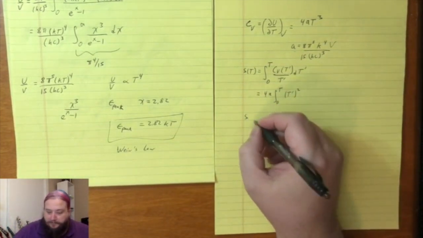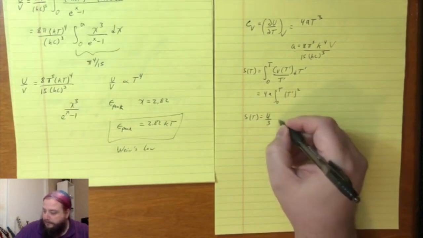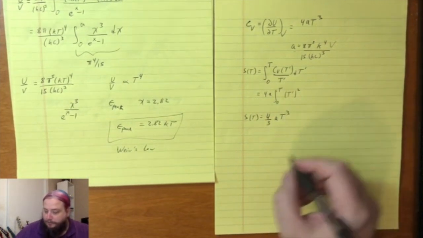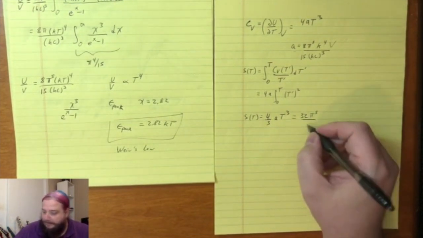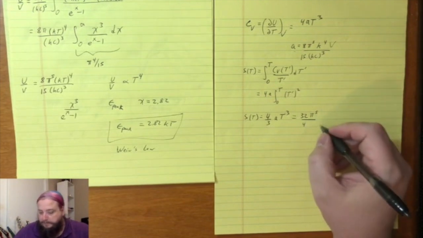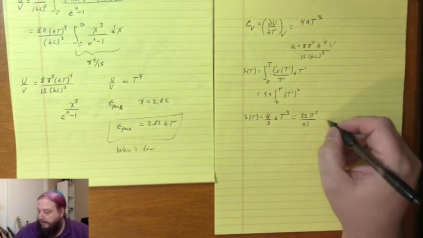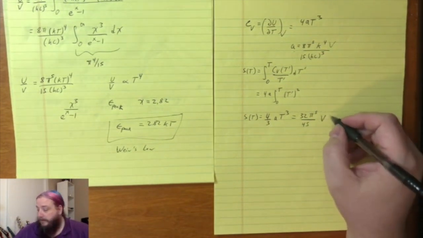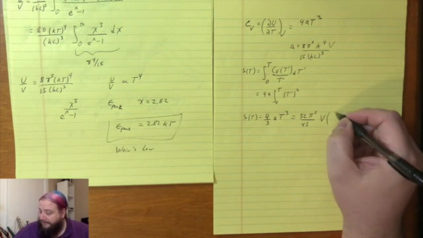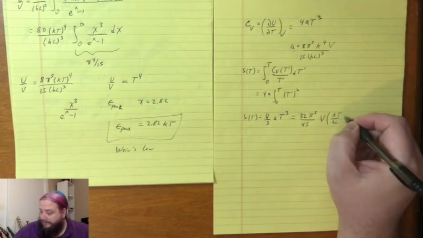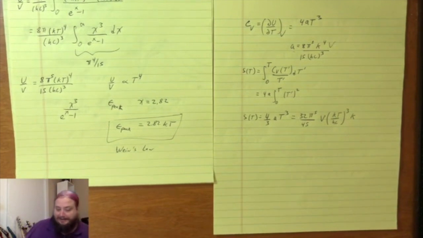And the entropy then, as a function of temperature, is 4/3 aT cubed, or 32 times pi to the 5th over 45 times the volume that our electromagnetic field is sitting in times kT over (hc) cubed, with this extra factor of k sitting at the end.